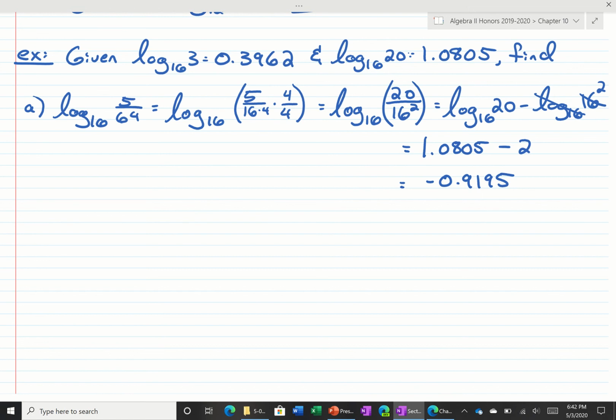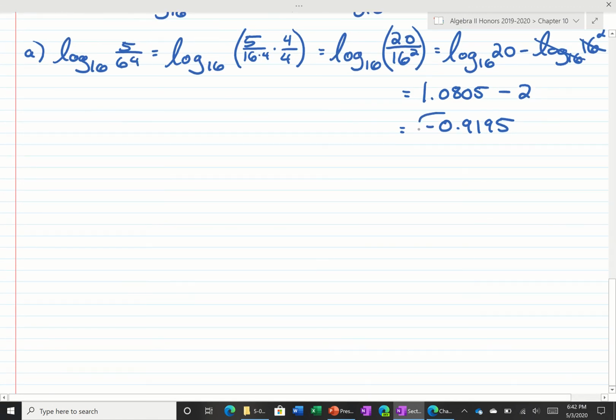Alright, so that one's pretty hard. That's the hardest one that you'll probably see. Let's do some other ones that you should be able to figure out on your own. How about the log base 16 of 3 over 16?